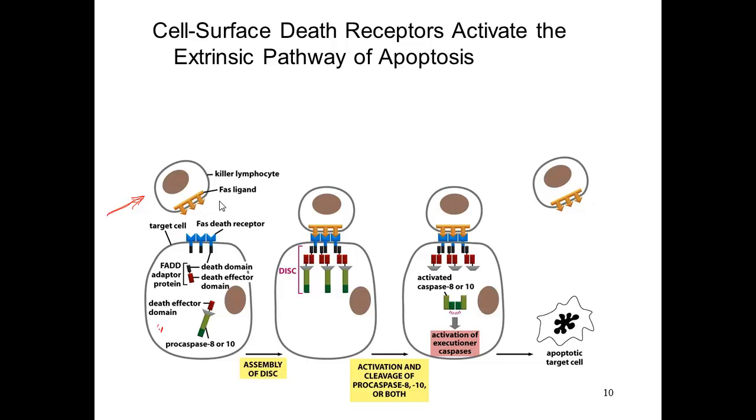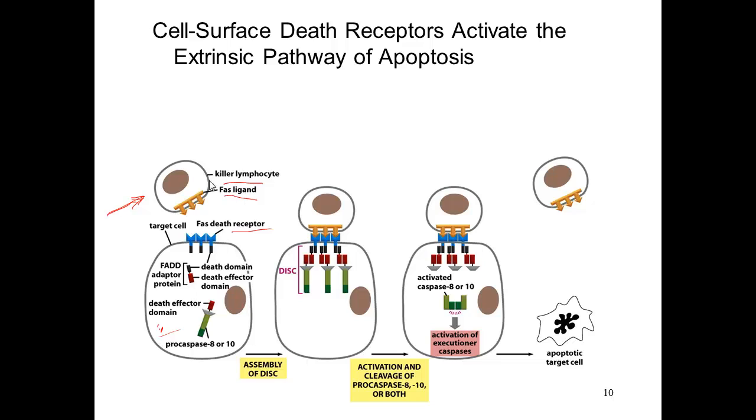The immune cell that does it is called a natural killer lymphocyte, and on its surface they have something called the Fas ligand. The Fas ligand can bind to the Fas death receptor, which is not universally expressed on all tissues, but can be stimulated to be expressed in most tissues by certain pro-inflammatory molecules. Again, if a virus has infected a cell, these pro-inflammatory molecules are likely to be around, so many of those cells in that environment will express a Fas death receptor.